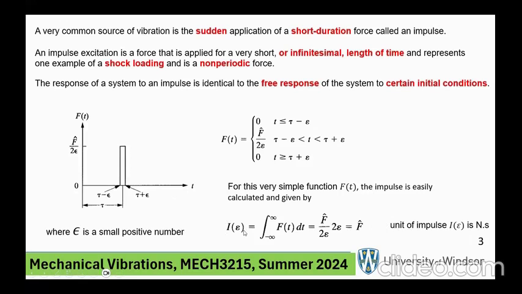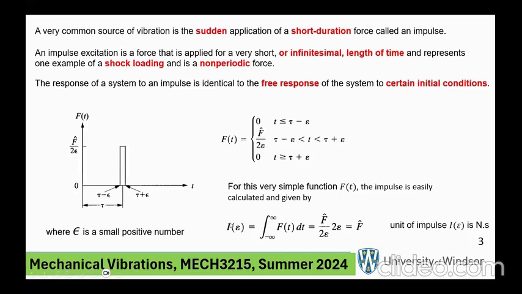The I stands for impulse due to this force. The impulse due to this force is the integral from minus infinity to plus infinity of f of t dt, which happens to be f hat.